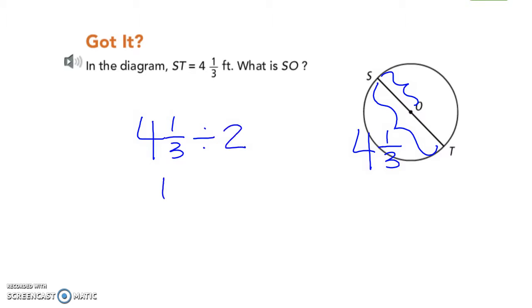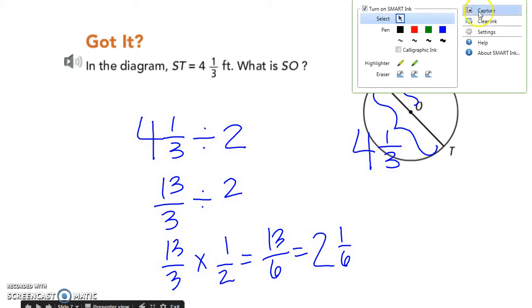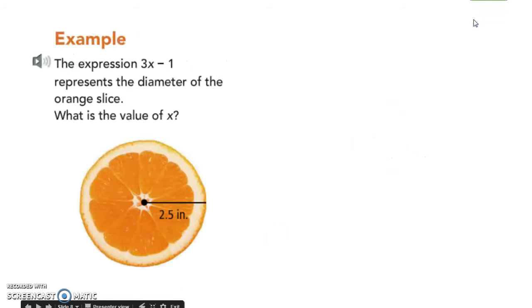So I'd change this from a mixed number to an improper fraction, and then I would multiply by the reciprocal. And that would give me 13/6, which would be 2 1/6. So this would be 2 1/6. Okay, so if you were to have a question like that, make sure you understand that the diameter divided by 2 gives you the radius. The radius times 2 gives you the diameter.